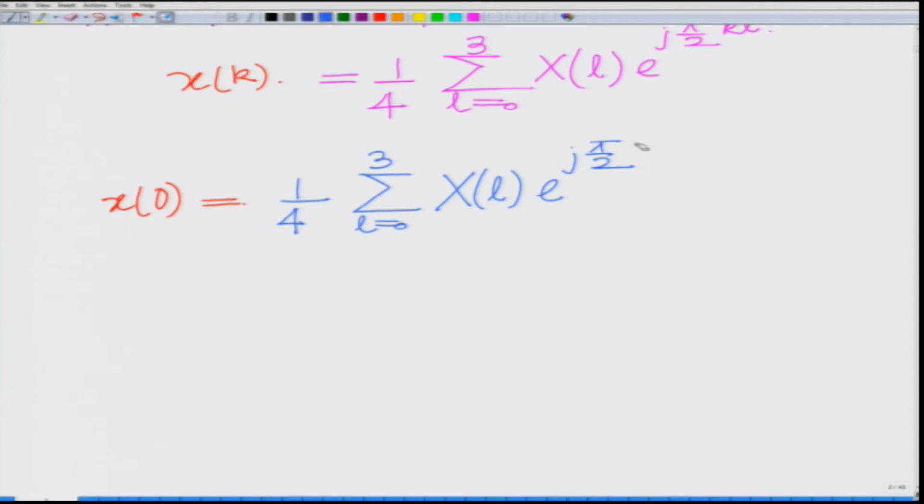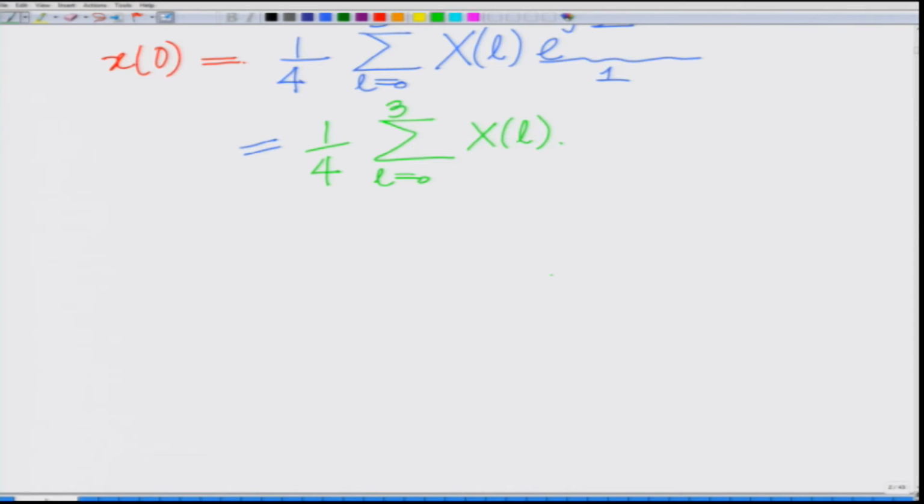For k I have to substitute 0, because I am considering the sample at k equal to 0, so 0 times L, and this exponential quantity is basically 1. So this is 1 over 4 simply summation L equal to 0 to 3 of XL.